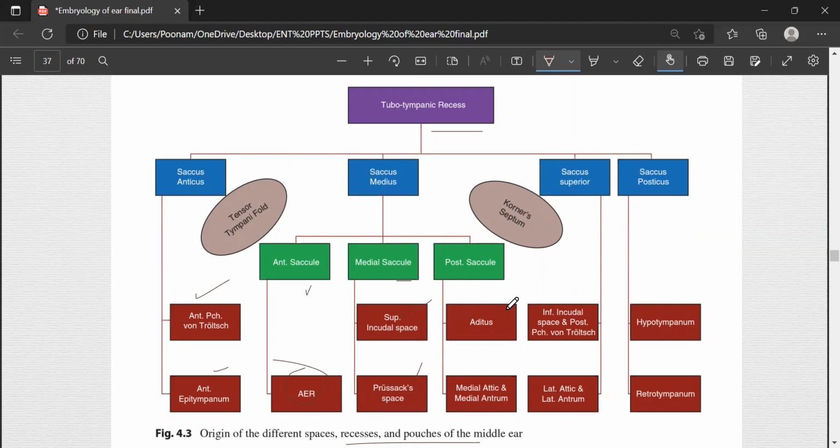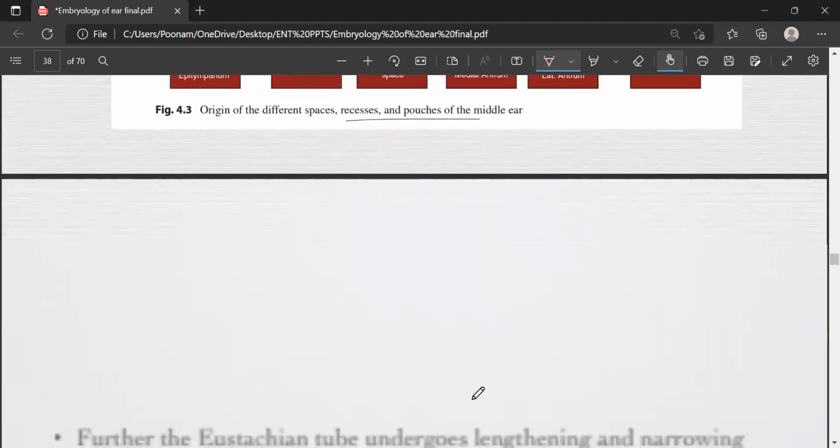In the posterior saccule, we have the aditus, medial attic and medial antrum. Saccus superior has the inferior incudal space, posterior pouch of von Troeltsch, and lateral attic and lateral antrum.